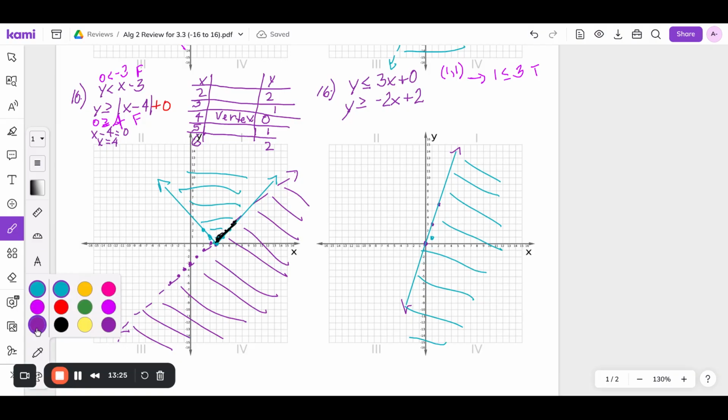Okay, the next one. I'll do it in red, I guess. Y-intercept is positive 2. The slope is negative 2, so down 2 to the right 1. Down 2 to the right 1. Or up 2 to the left 1.